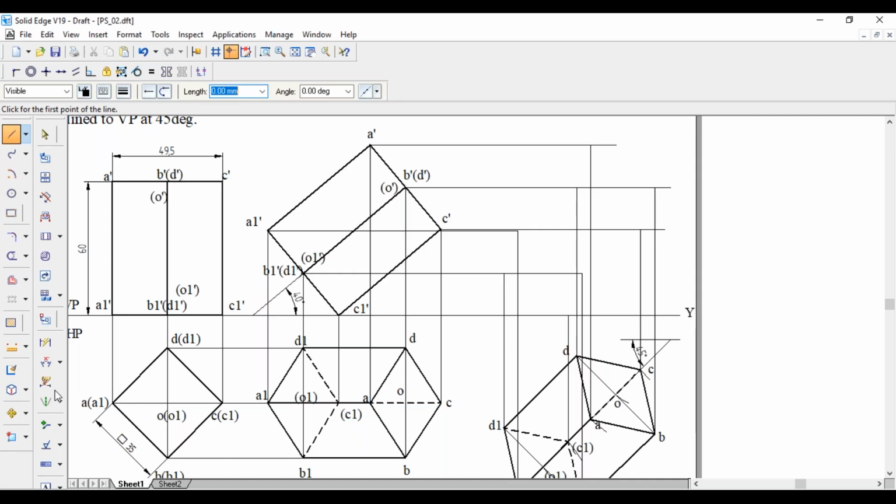Afterwards, I will mark the origins, that is the axis.